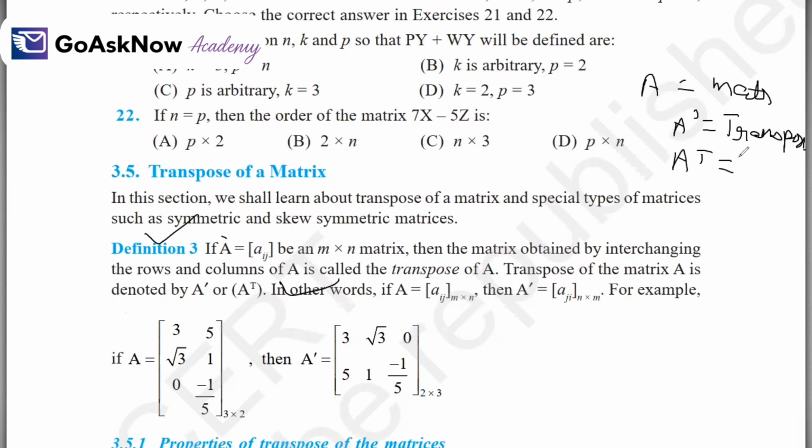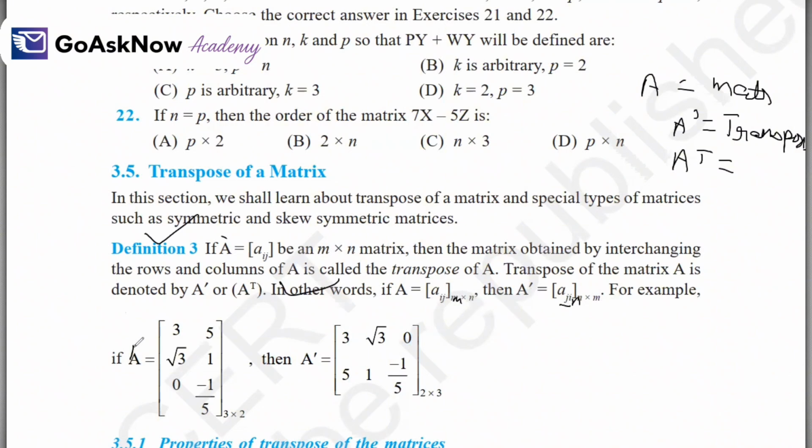In other words, if A is equal to [aij] m cross n, then A dash is equal to [aji] n cross m. We have already seen that in transpose we just interchange the row elements with column elements. So aij will turn into aji, and the m cross n order will change to n cross m.